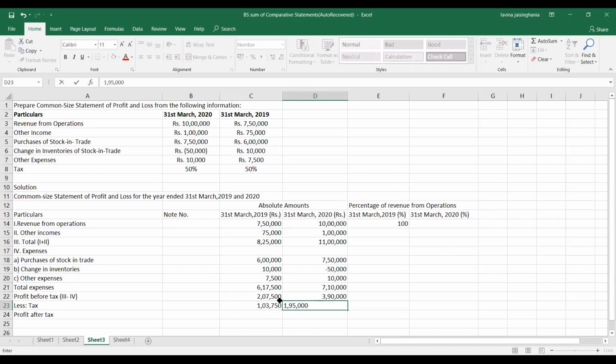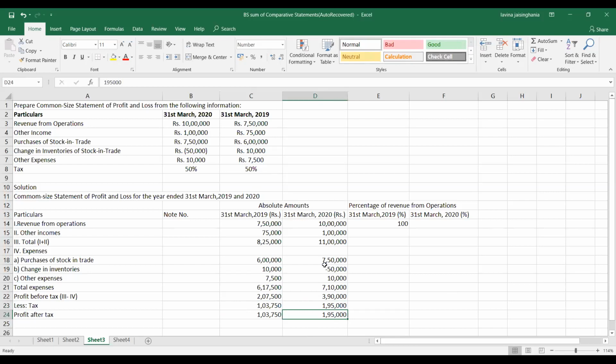So after subtracting tax from the profit before tax, you will get 1,03,750 for 2019 and 1,95,000 for 2020. The amount is the same because the tax rate is 50%. Here we have just prepared the statement for both the years.